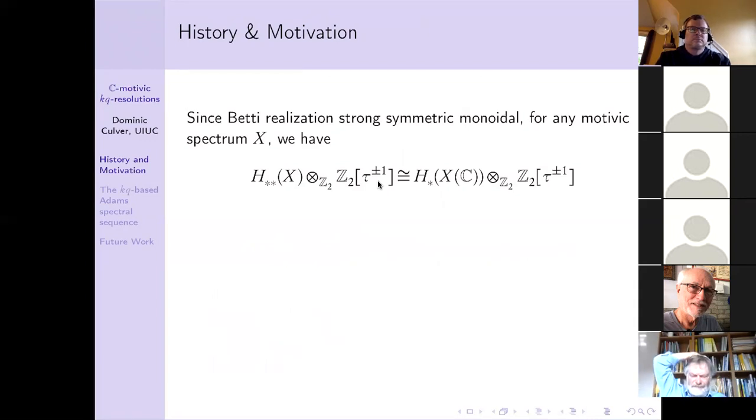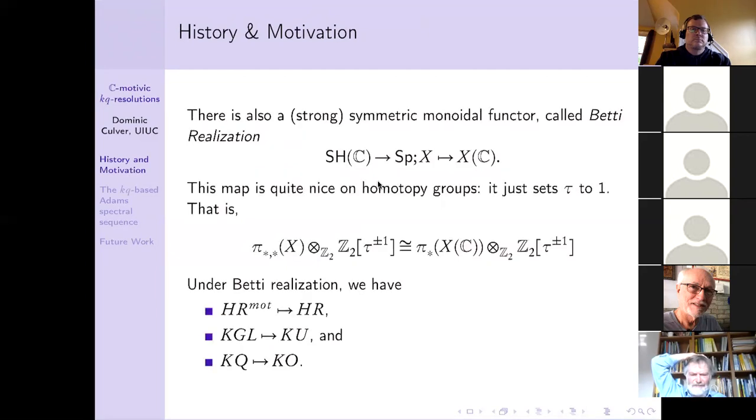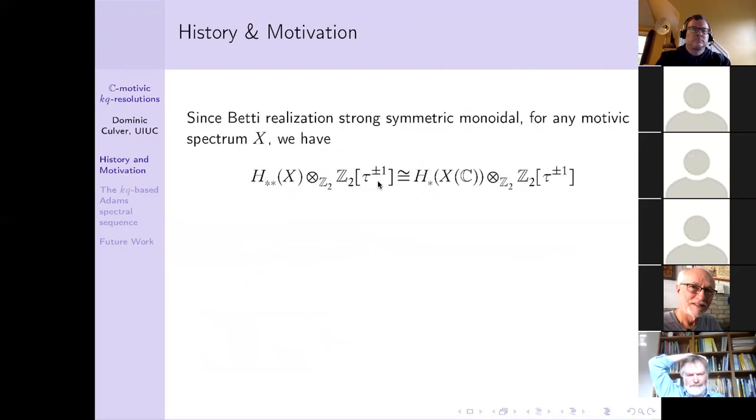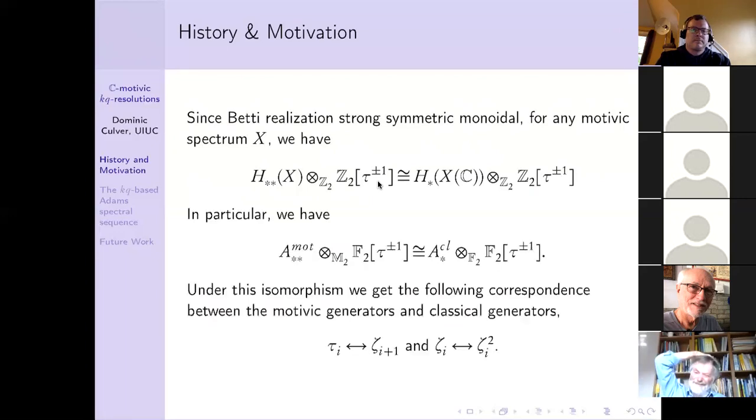So this formula from this slide is going to give me an analogous formula relating the mod 2 homology on the motivic side with the mod 2 homology on the classical side. And this is also, by the way, an isomorphism of comodules, if you like. In particular, there's this relationship between the motivic dual Steenrod algebra and the classical one.